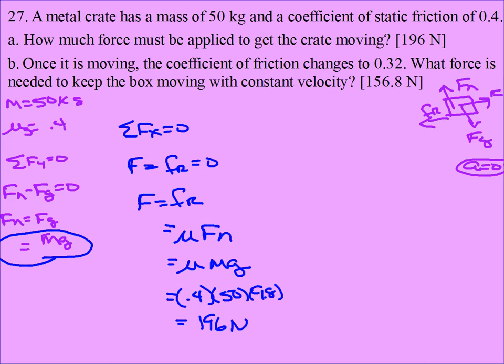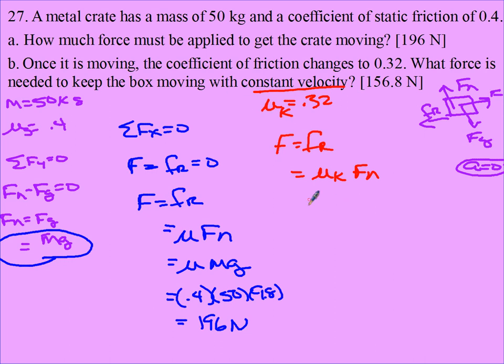All right, for part B, now mu is 0.32, and I'm moving at a constant velocity. So all of these equations are the same. The normal force is going to equal mg. The applied force has got to equal friction. So the applied force has to equal friction, which is mu k Fn, because now this is mu k because it's moving.